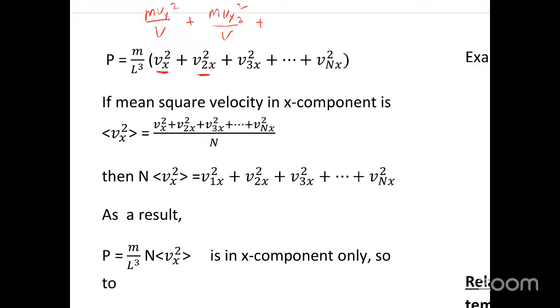The third particle will be m Vx3 squared on V. And you go all the way down until you reach the nth particle. All they did is factor out m on V. See the little math there? L cube is V.